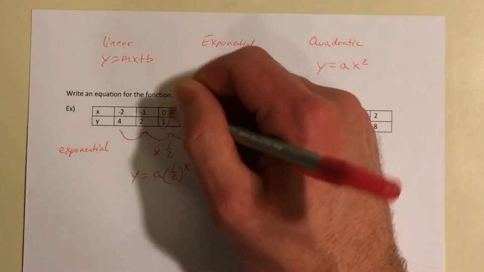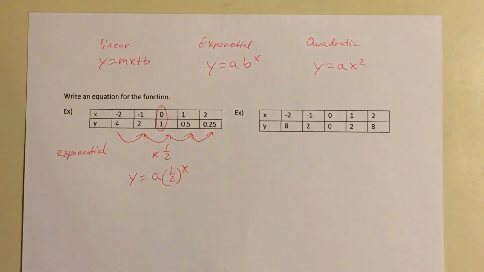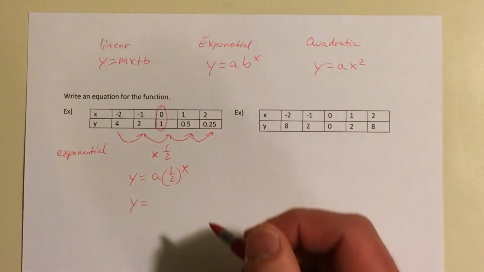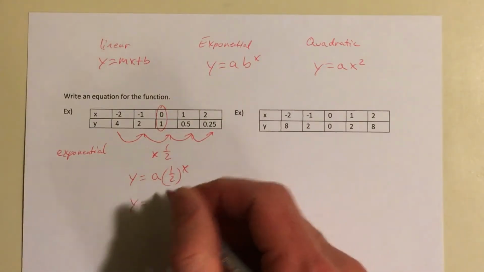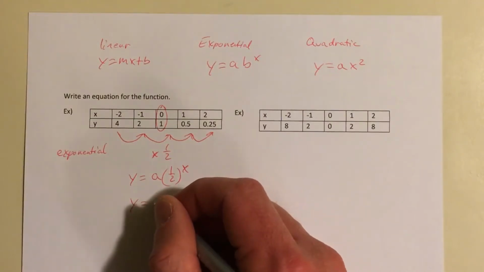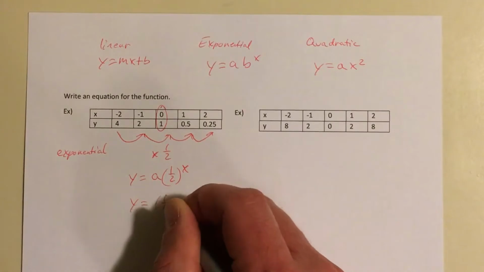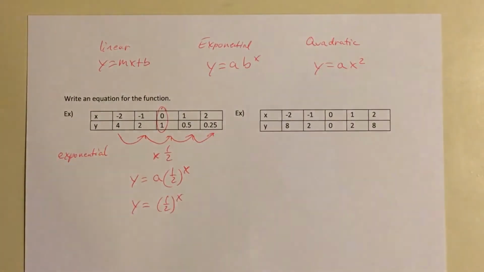So you can look at 0, 1 there, and that's a shortcut for getting to A, is to look for the y-intercept there. So it turns out our final answer is just going to be 1/2 to the x power.